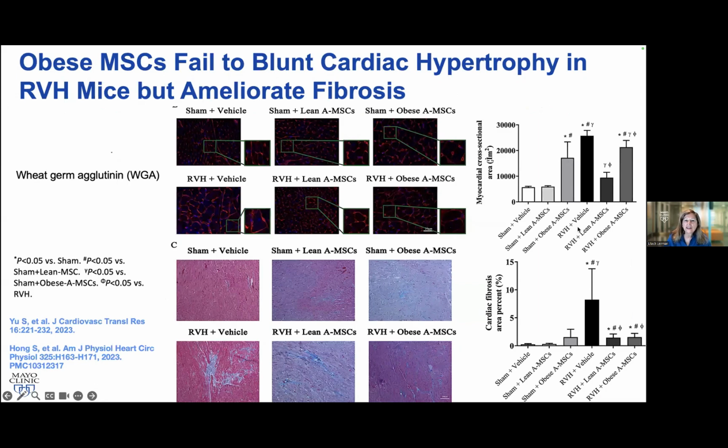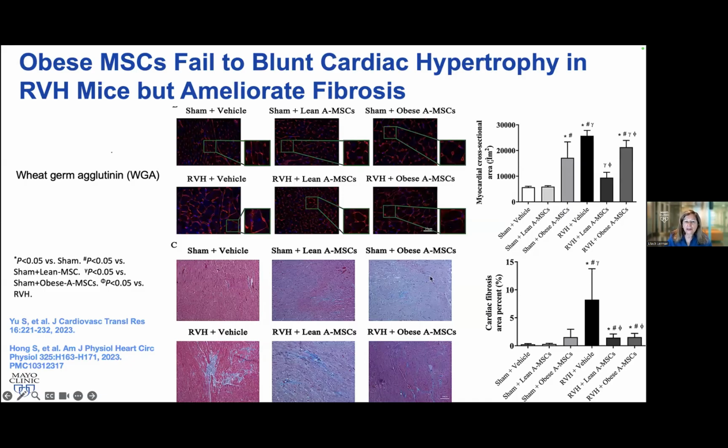We found that indeed in renovascular hypertension, there was an increase in the cross-sectional area of the myocytes, suggesting hypertrophy, which was significantly attenuated, although not normalized, by lean MSCs, but not by obese MSCs. Interestingly enough, even in sham animals, infusion of obese MSCs induced some hypertrophy of the myocytes, suggesting that obese MSCs alone can increase cardiovascular injury.